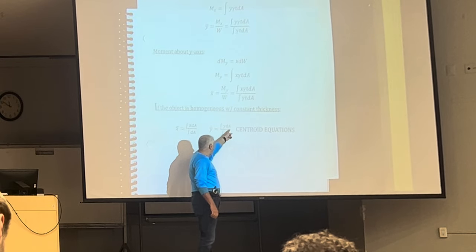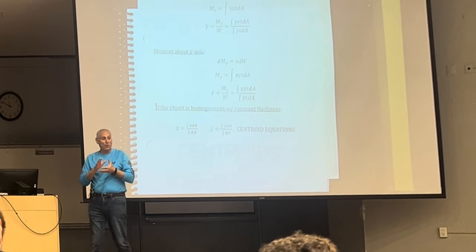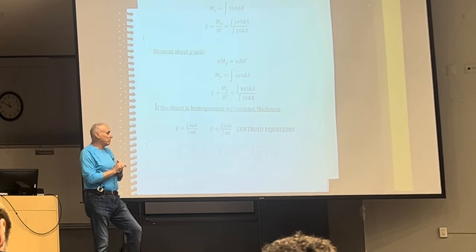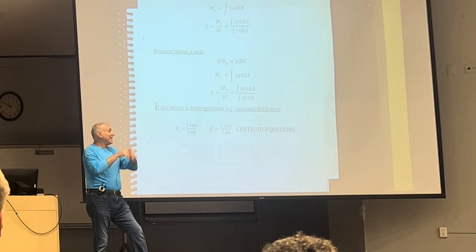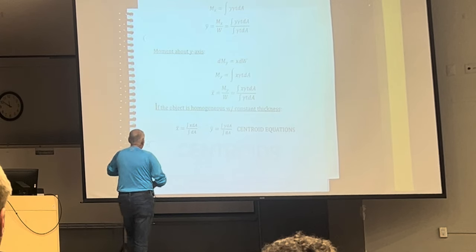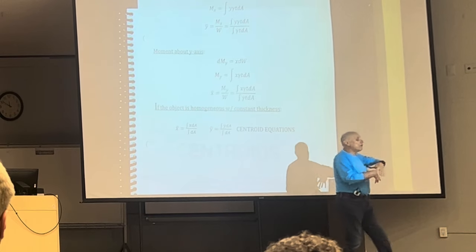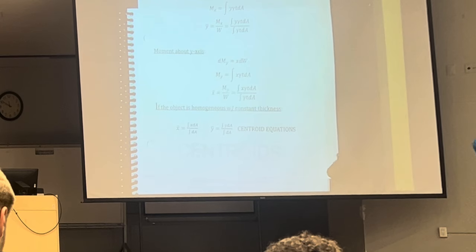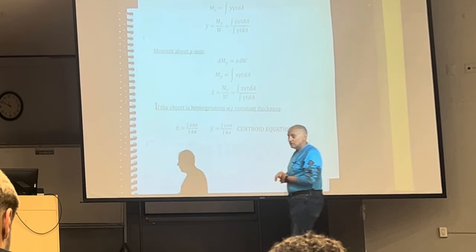Y bar is integral y dA over integral dA. Those are the fundamental centroid equations. That's if you have homogeneity and constant thickness. If you don't have homogeneity, then you've got to leave the gamma T dA in there and do the integration. Okay?